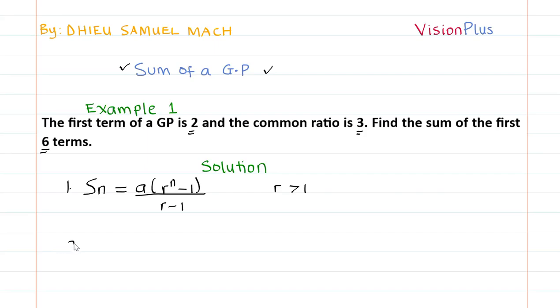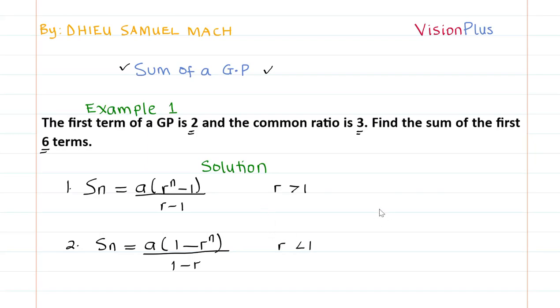The second formula is that the sum of n terms of a GP is given by the first term A into 1 minus R power n over 1 minus R. And we use this formula when the value of R is less than 1.